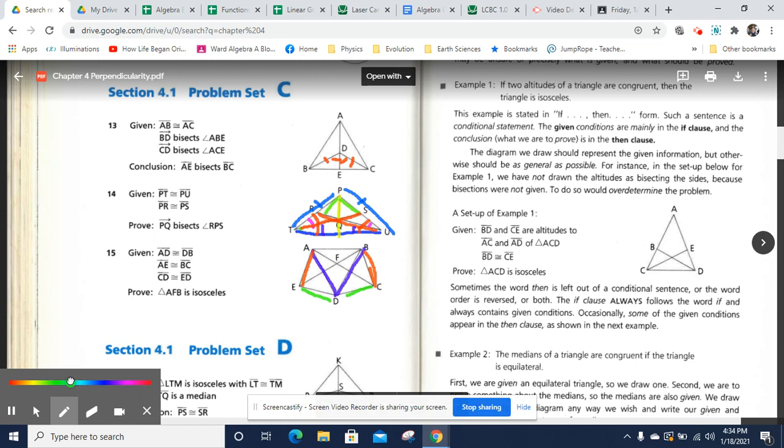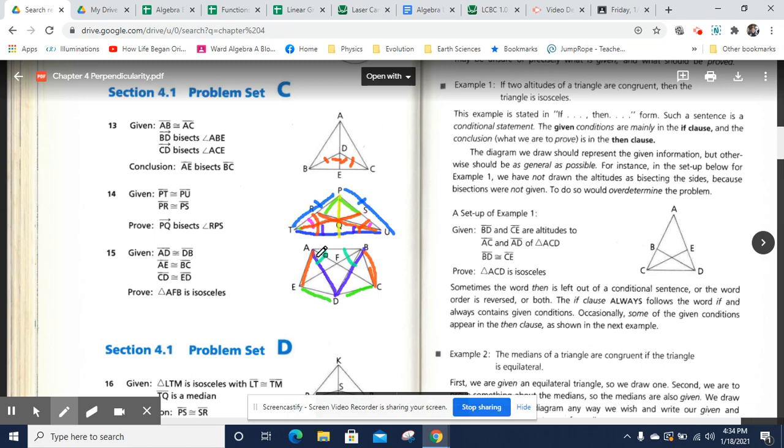One thing we can definitely state, if AD and BD are congruent, is that angle DAB and angle DBA are congruent, because this would make an isosceles triangle with a base AB. And that helps a bit, because that kind of starts to pin things down here.